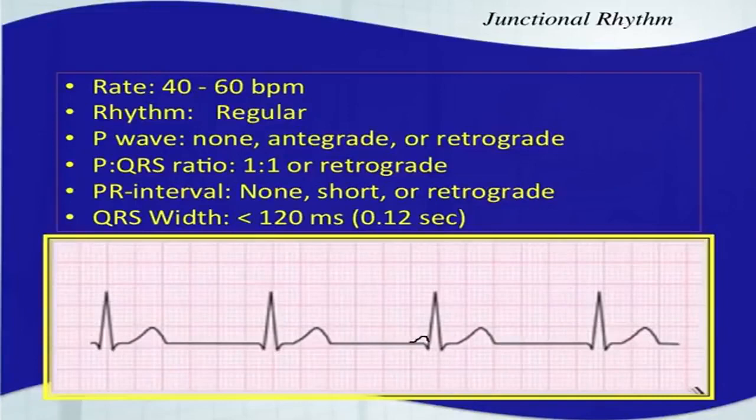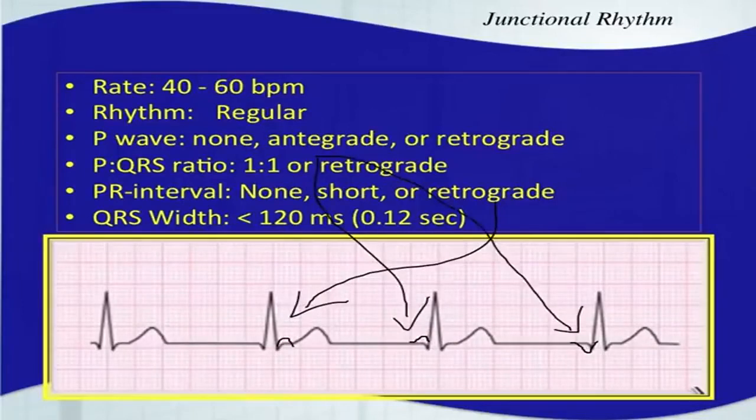So it could be a short PR interval like that, or it could be inverted, like an ectopic atrial rhythm, but it'll have that short PR interval, don't forget. Or it could be retrograde. It could actually occur after the QRS complex. So that would be a retrograde, and these two would be antegrade here.